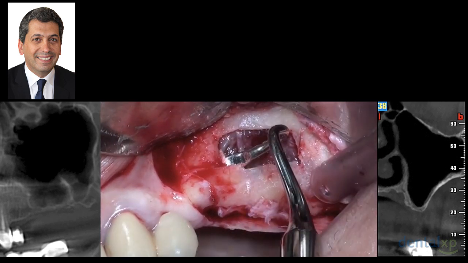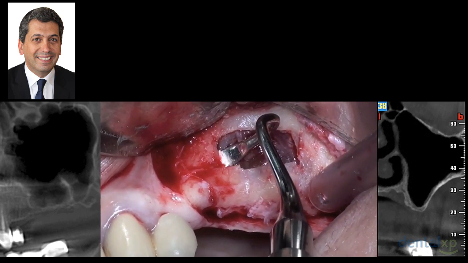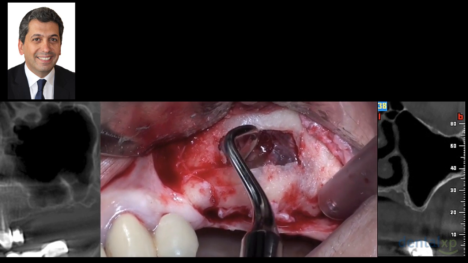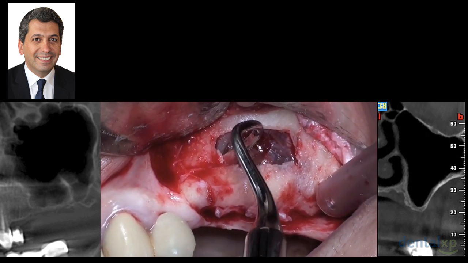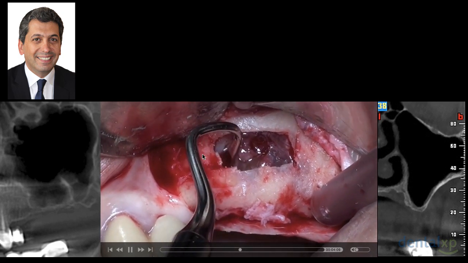Then we can start using those different shapes of curette. This curette has a shape that goes for the proximal area. I start by detaching in the mesial part of the sinus, and you can see that here I'm hitting on the bone.